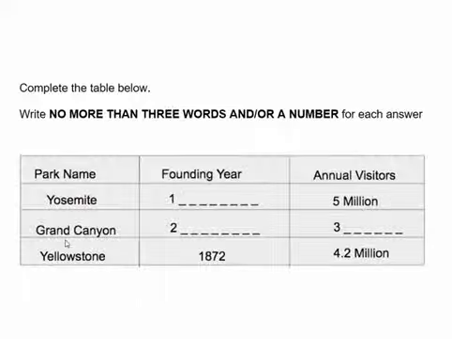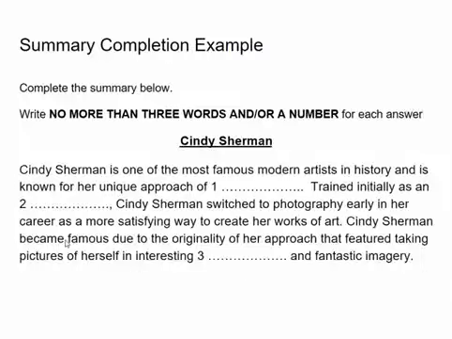On this one, at the top we've got some labels: park name, with different parks, which are all located in the United States; founding year, so we've got to listen for when that park was first founded; and the number of annual visitors at the park. So we just need to listen to the description from the speakers and fill out the necessary information for this type of question.